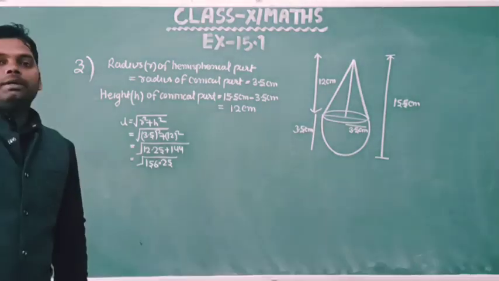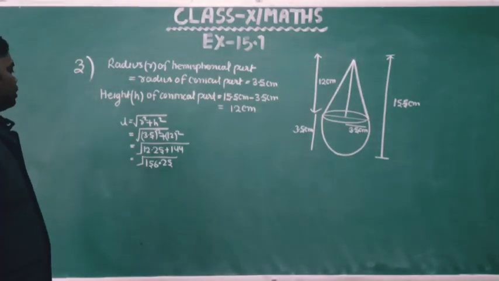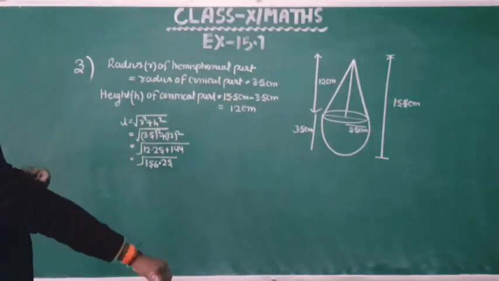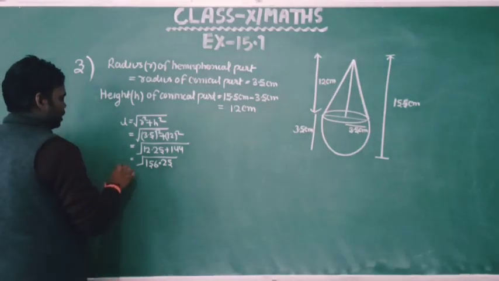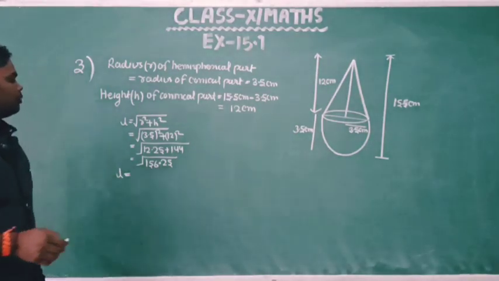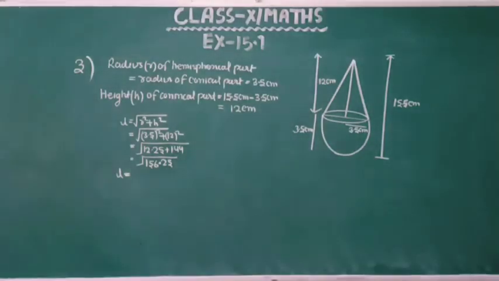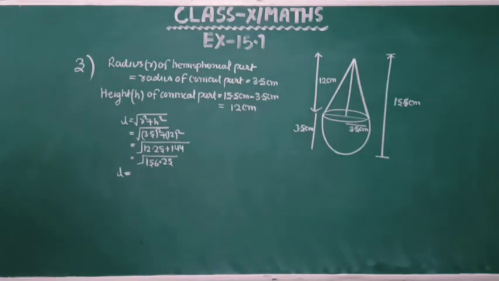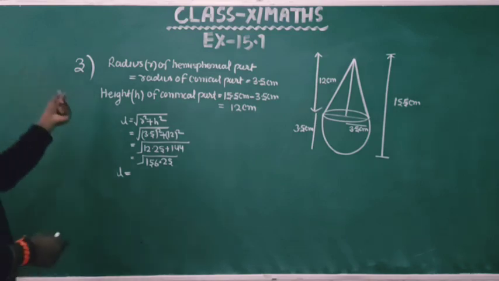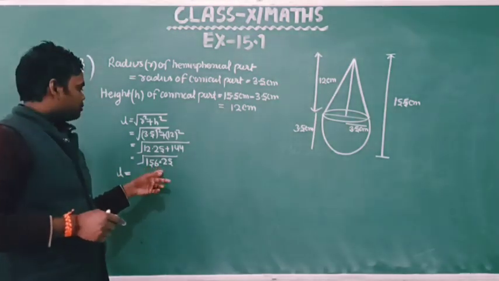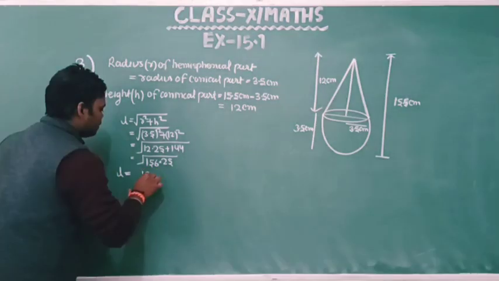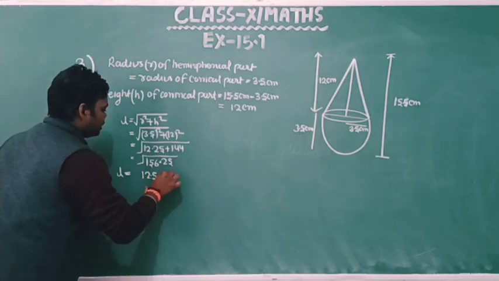This is 156.25. Now the square root of 156.25 equals 12.5 centimeter.